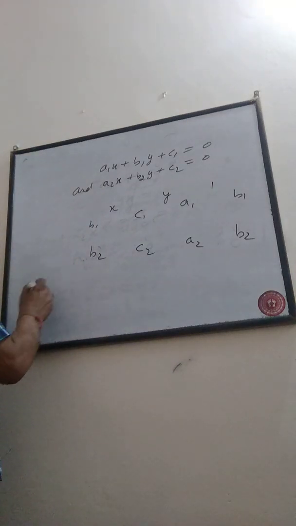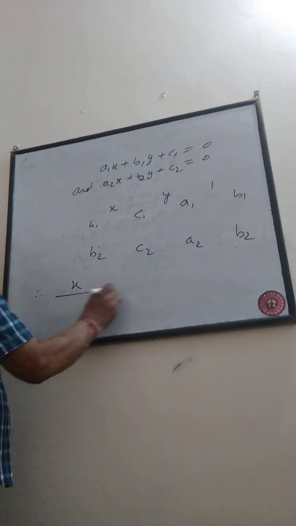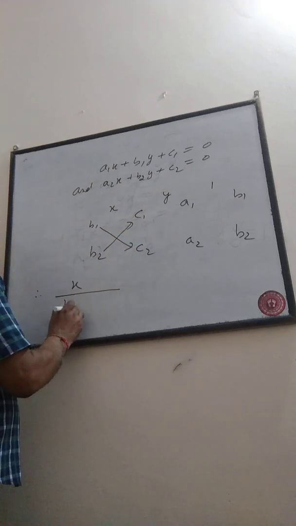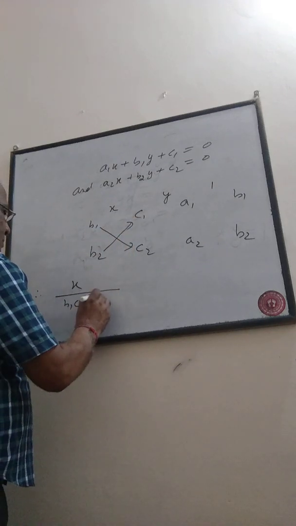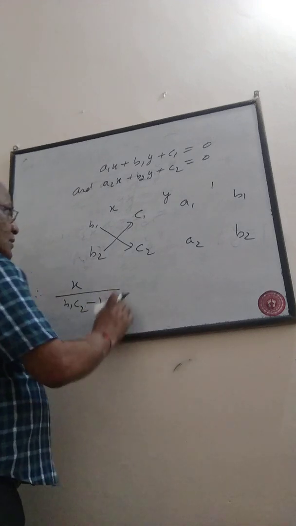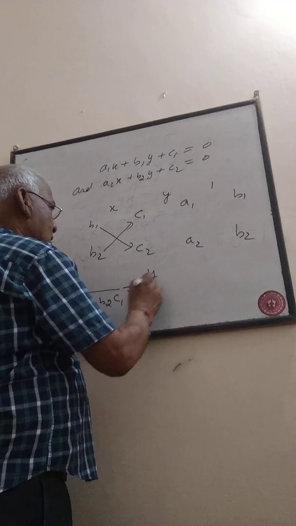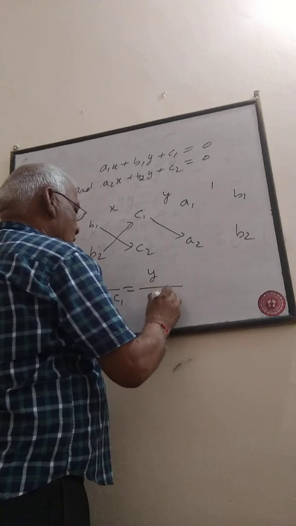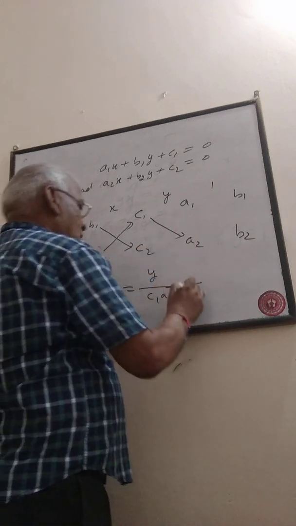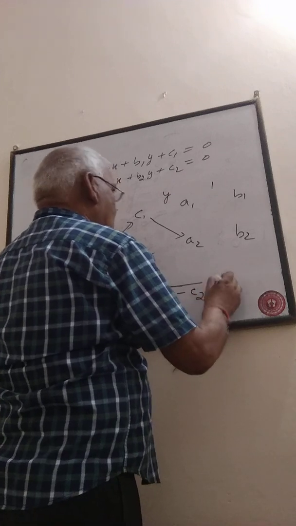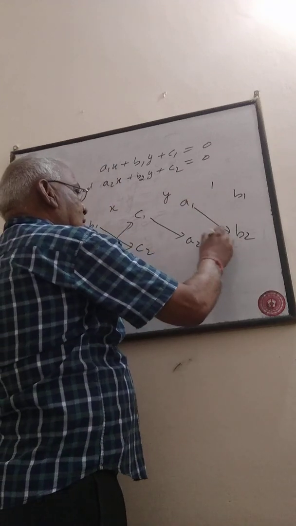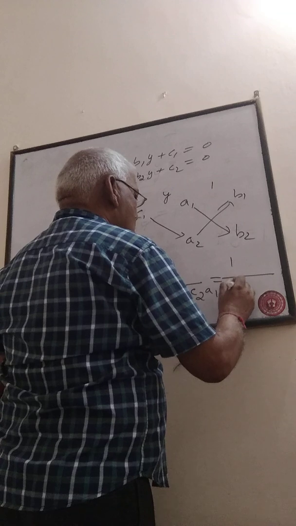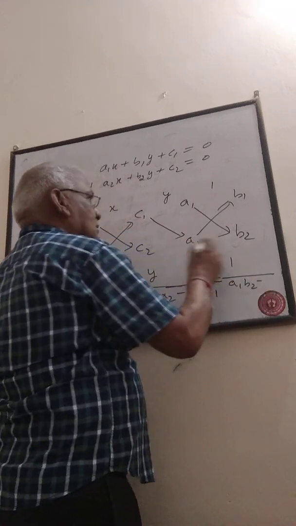And therefore x upon this into this, cross like this, b1 c2 minus b2 c1, equal to y upon c1 a2 minus c2 a1, equal to 1 upon a1 b2 minus a2 b1.